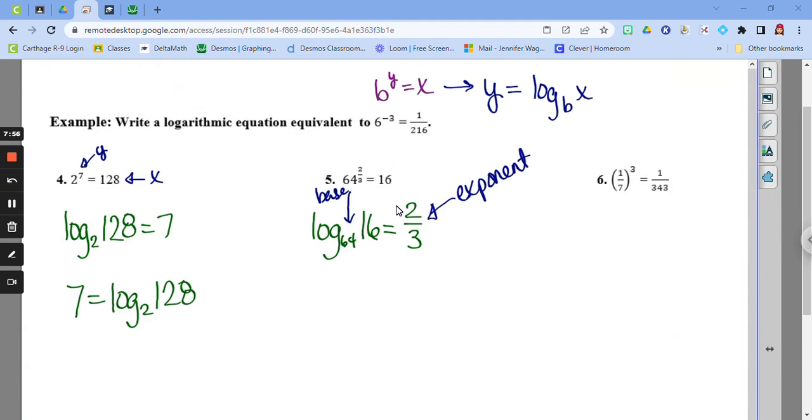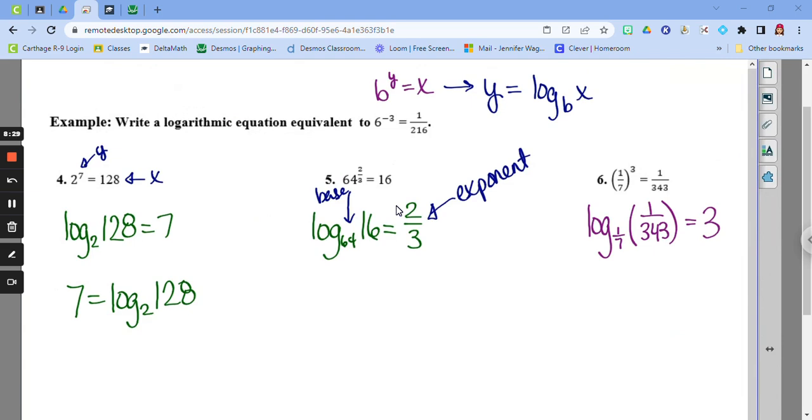What do we got? Log base 7 of 1/34. Yep. Sometimes when it gets fractions or other things, it's easier just to put that in parentheses. Again, but still making sure that your base is a base.